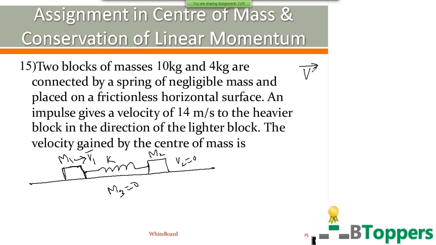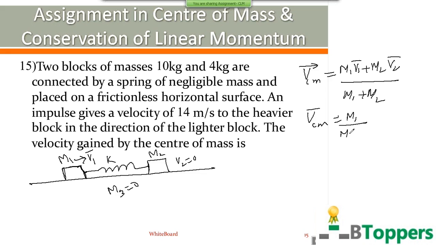So the velocity gained by the center of mass just after the impulse equals m1 v1 bar plus m2 v2 bar by m1 plus m2. Here v2 is 0. Therefore, the direction of the velocity of the center of mass is in the direction of v1 bar, that is, towards the right.